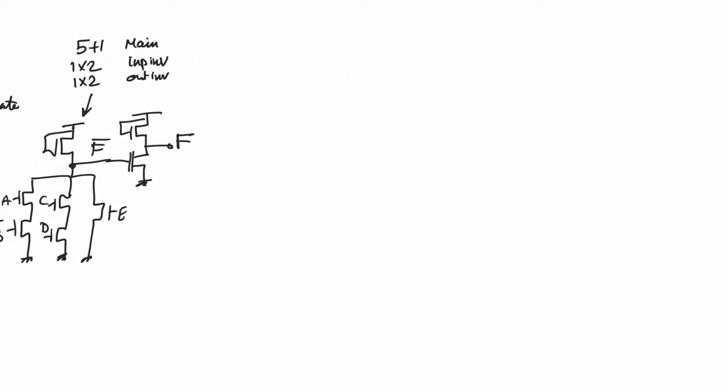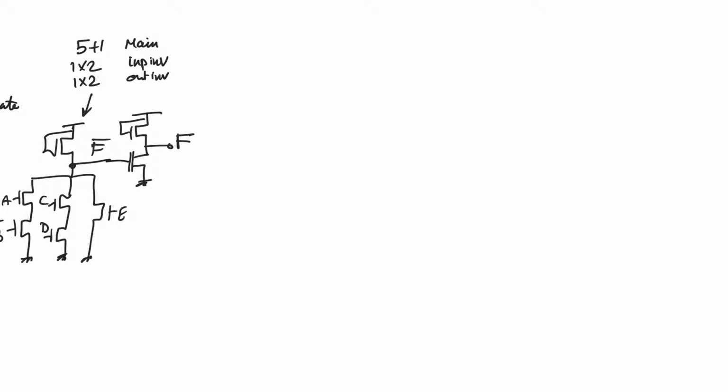So which approach should we use? Should we implement the expression of F or the expression of F bar? It all depends on whether input variables are available in true and complement form and how the expression of the function looks. If input variables are available in true and complement form, it is always best to implement the expression of F bar and get F at the output, because that saves you the output inverter.